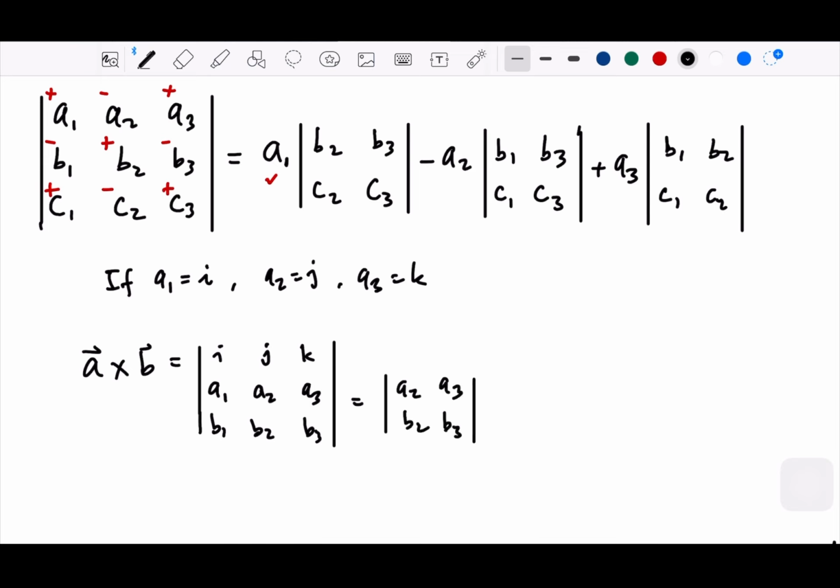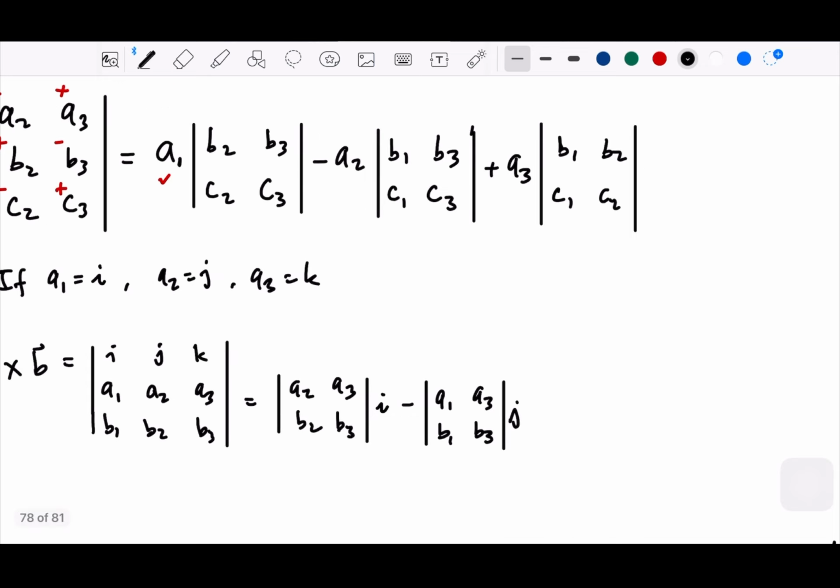This is for the first component, for I, and then minus for J is A1, A3, B1, B3. And then plus A1, A2, B1, B2 for K.